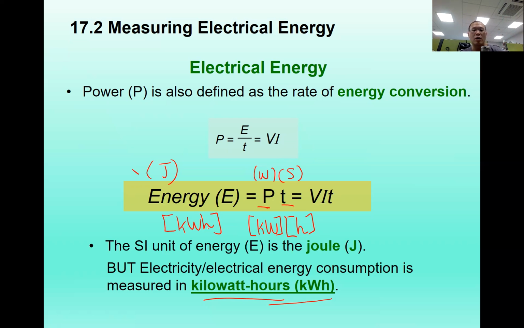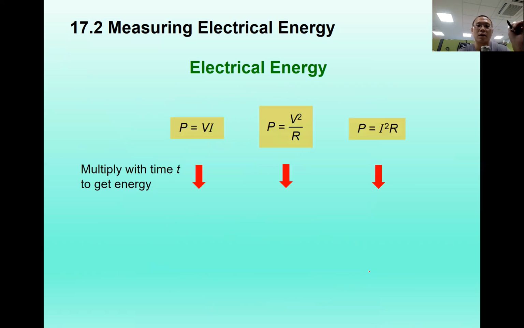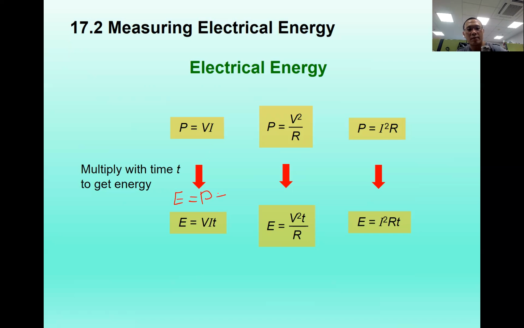So that's why we want the calculation of energy, electrical energy to be exact, to be in kilowatt hour. Now the conversion: because energy is power times time, if I substitute power P equals IV, I will get IVT.